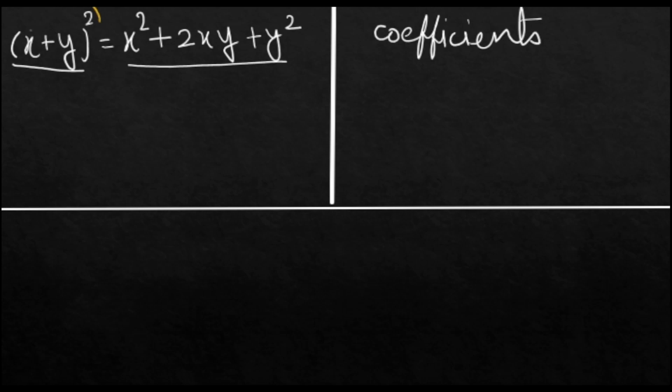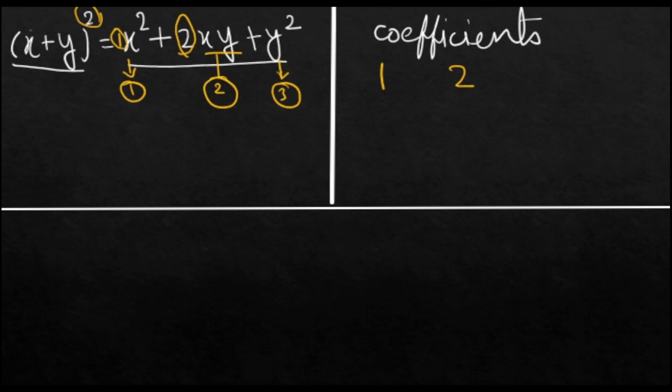Coefficients for index 2: at the first term, we have coefficient 1, so I will write 1. At the second term, we have coefficient 2, so I will write 2. And at the third term, we again have coefficient 1, so again I will write 1.